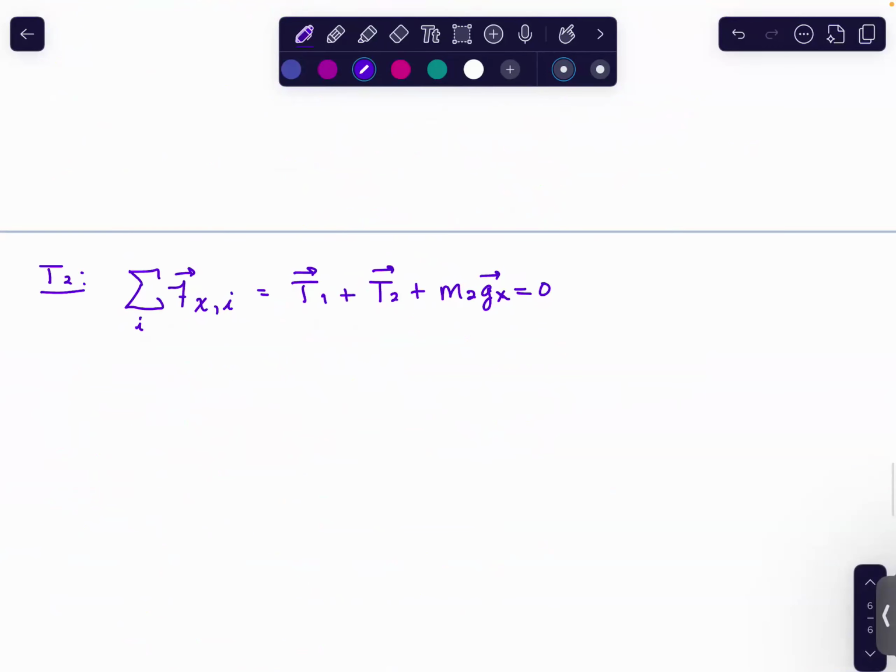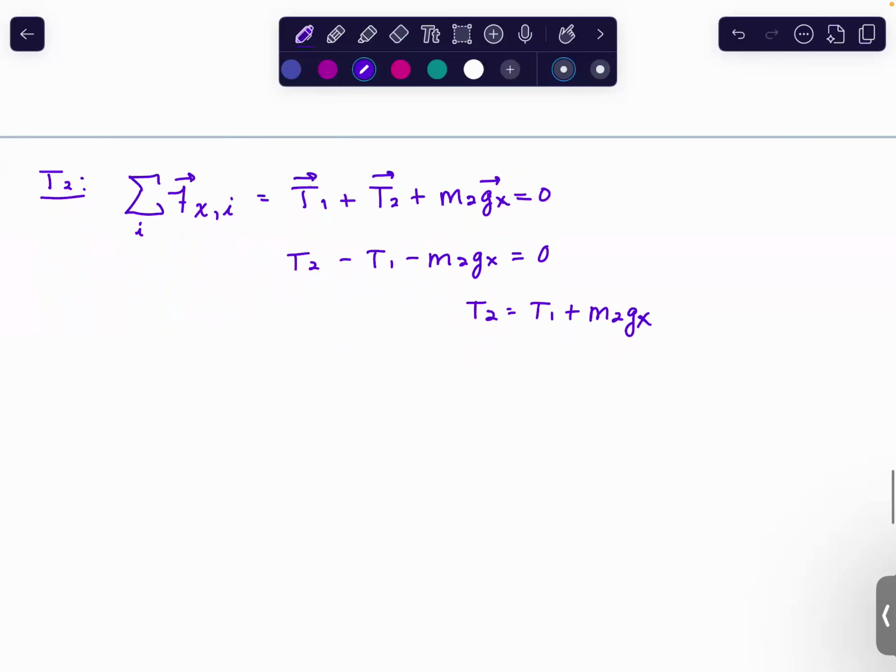Okay, so that's going to give us T2 is positive minus T1 minus m2 g sub x equals 0. We're going to get tension 2 equals tension 1 plus the x component of the gravitational force on mass 2, T1 plus m2g sine of theta.